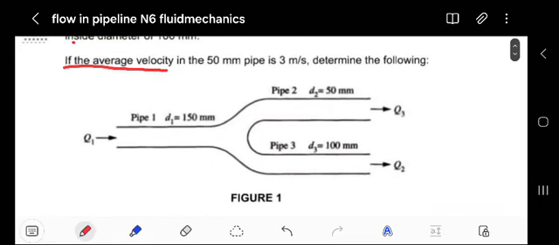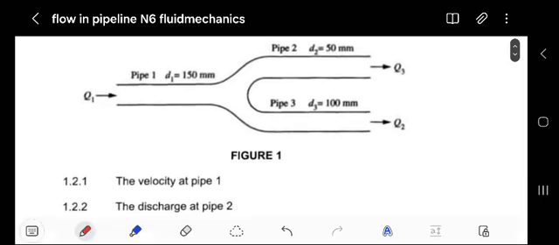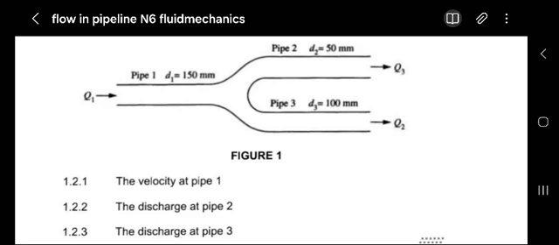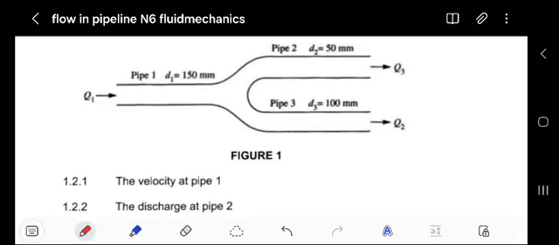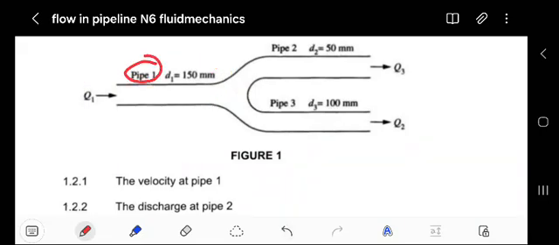If the average velocity in the 50 millimeter pipe is 3 meters per second, determine the following. They've drawn the structure for us. 1.2.1 says determine the velocity at pipe 1.